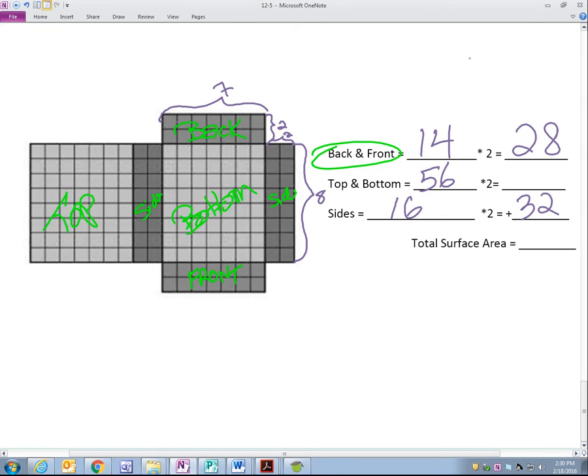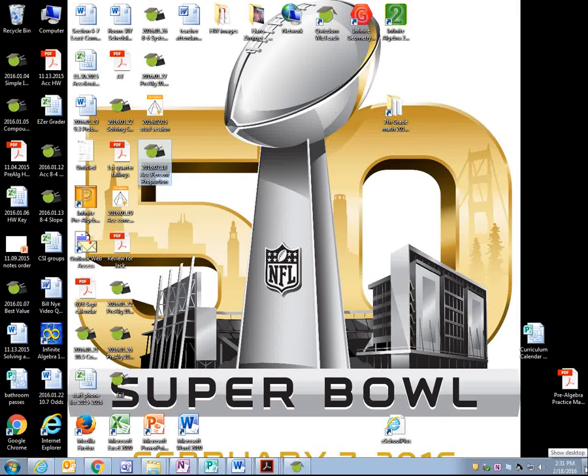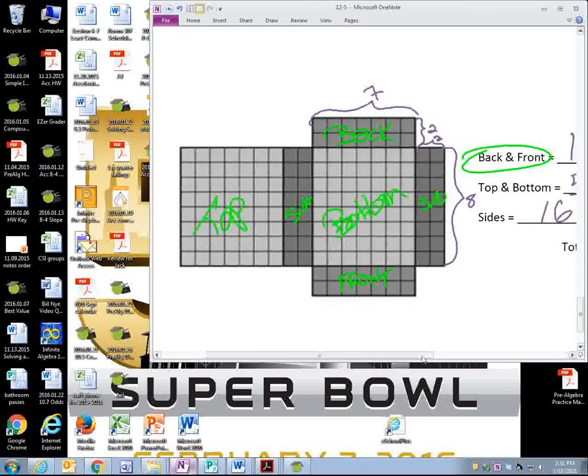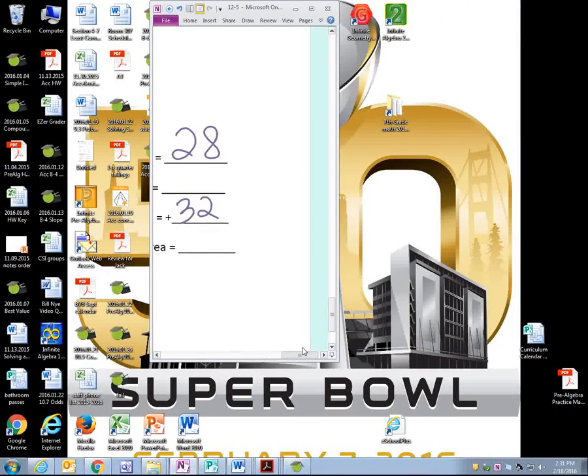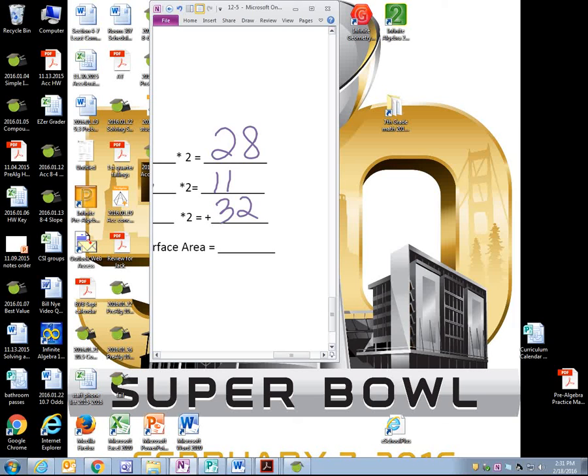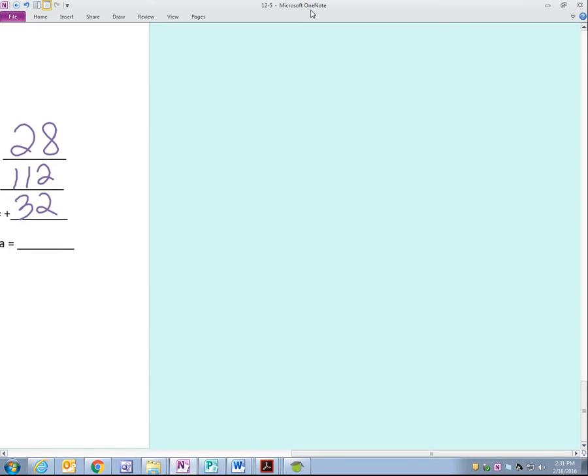Yes, it is supposed to be there because if you look at it just like that, you've got 28 plus 112 plus 32, which is 140 plus 32. 172 units squared.